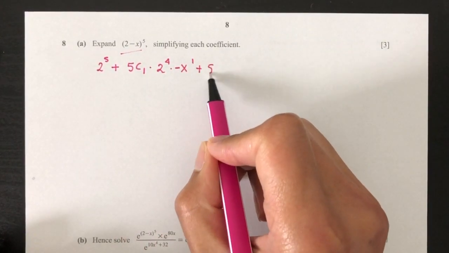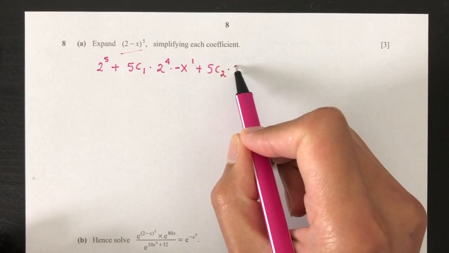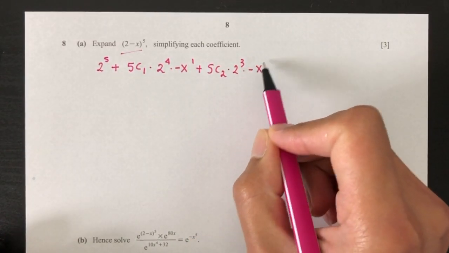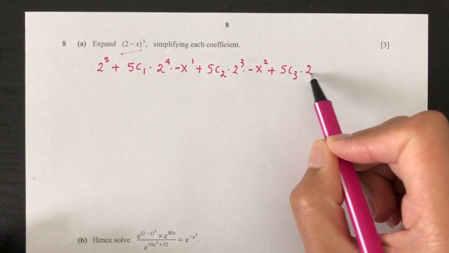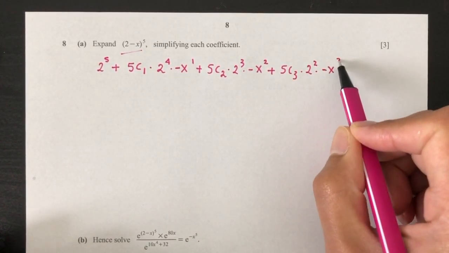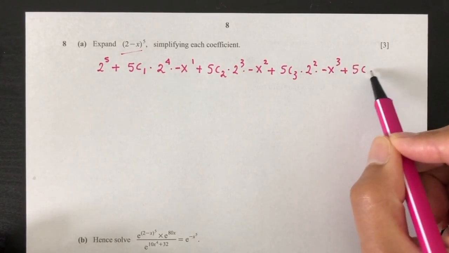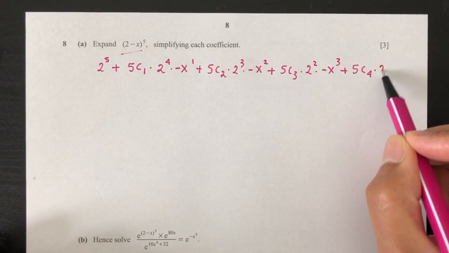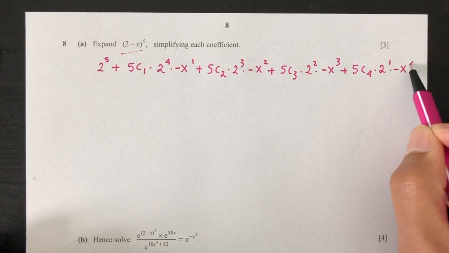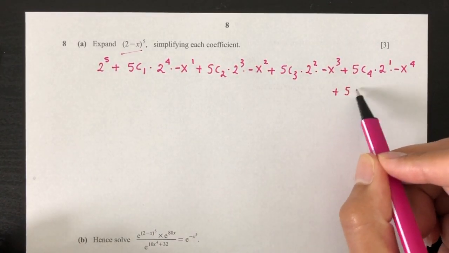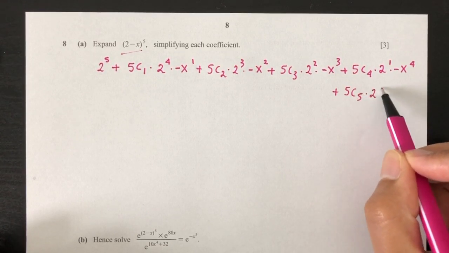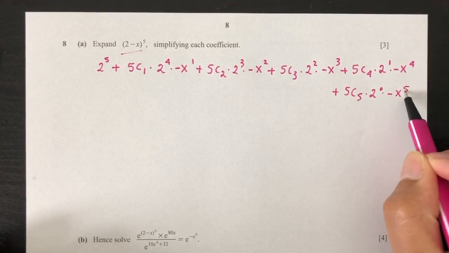Then 5 choose 2, 2 power 3, minus x power 2. Now 5 choose 3, 2 power 2, minus x power 3, 5 choose 4, 2 power 1 and minus x power 4. And the last term will be plus 5 choose 5, 2 power 0, minus x power 5.